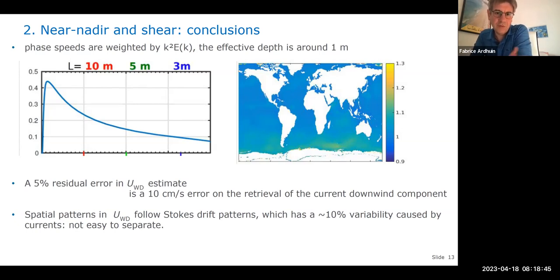When you average all that, you find that the effective depth is about 1 meter, which is very close to what we get with the HF radar. It actually varies seasonally. It varies a little bit if you have a storm or no storm, because the shape of the spectrum would change. But it's within, let's say, plus or minus 10% of this 1 meter average.